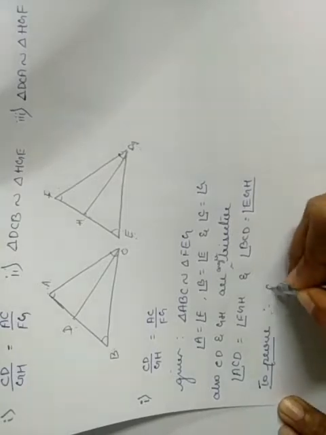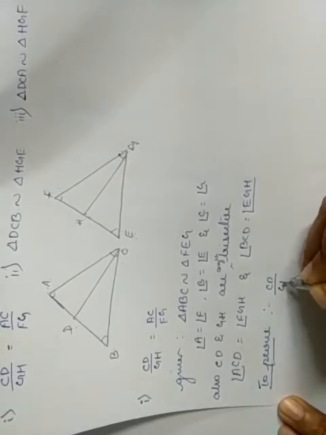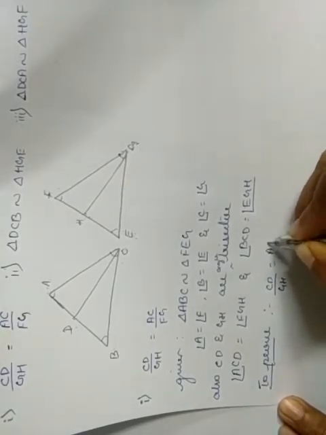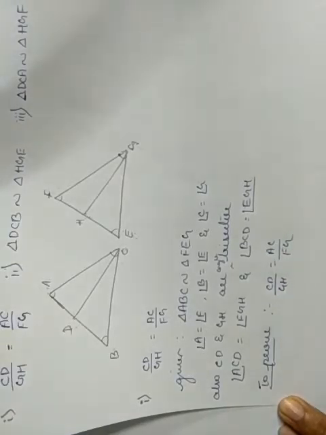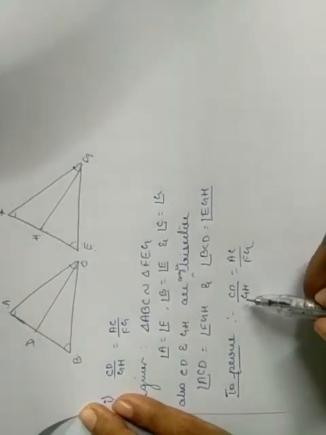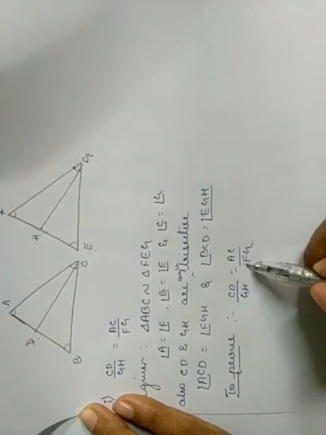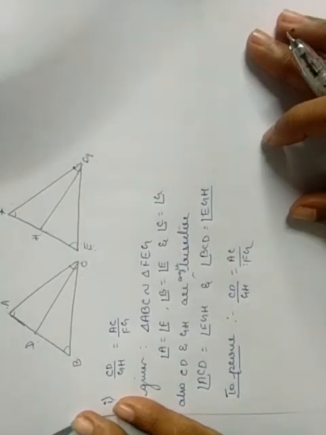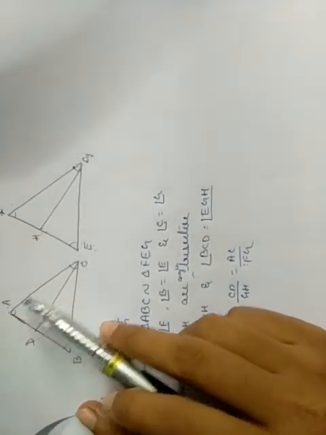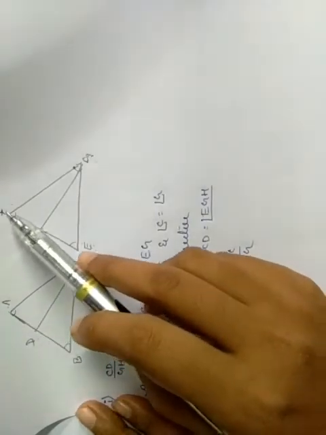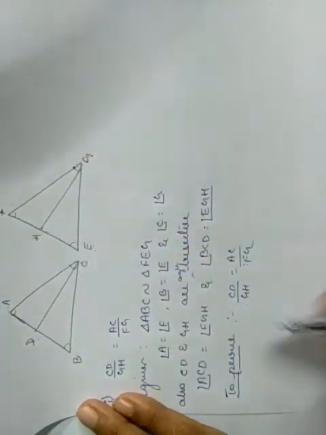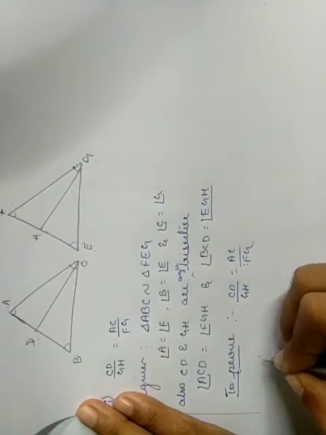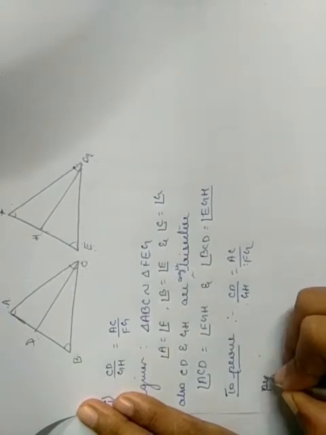Now we need to prove that CD divided by GH is equal to AC divided by FG. To show that these two ratios are equal, we need to consider triangle ACD and triangle FGH. So we'll write proof.